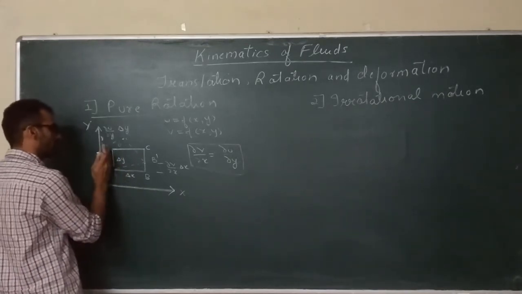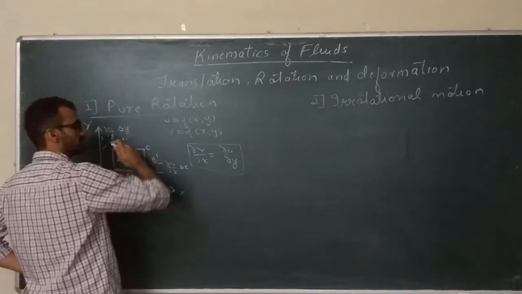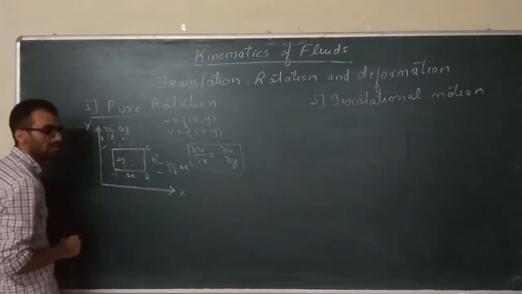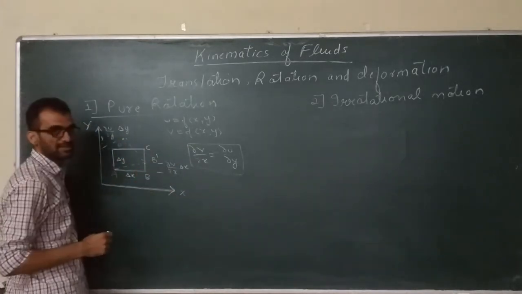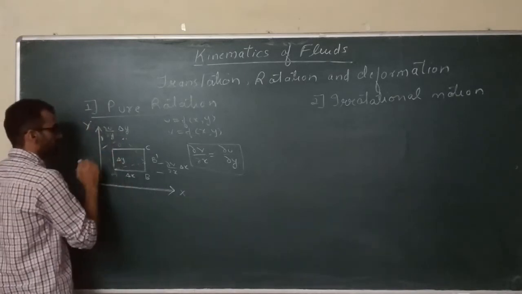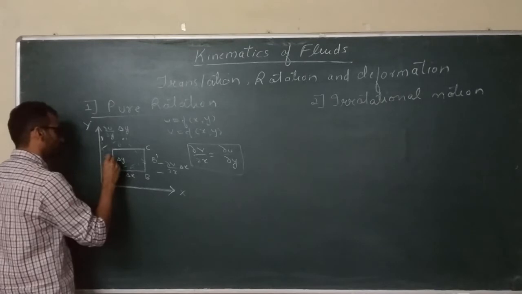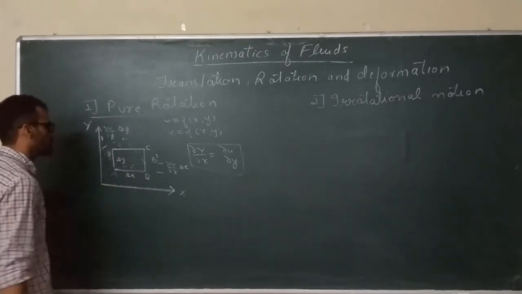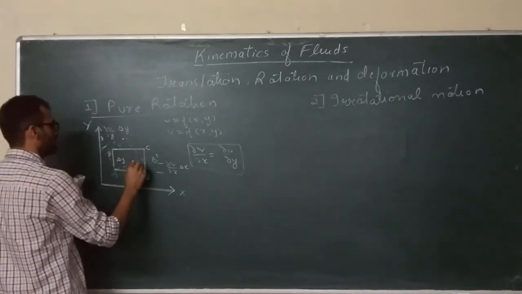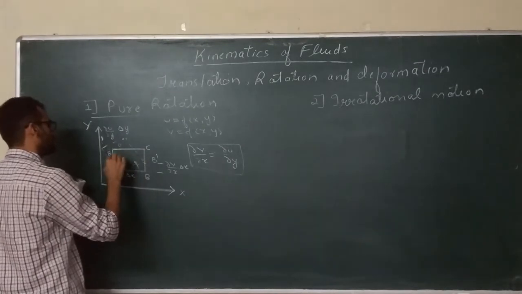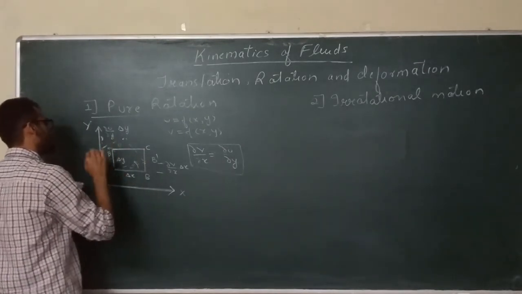That's why AD will tilt like this as it moves through the translation. So that's why we get alpha and beta like this, and both are in the anti-clockwise direction.